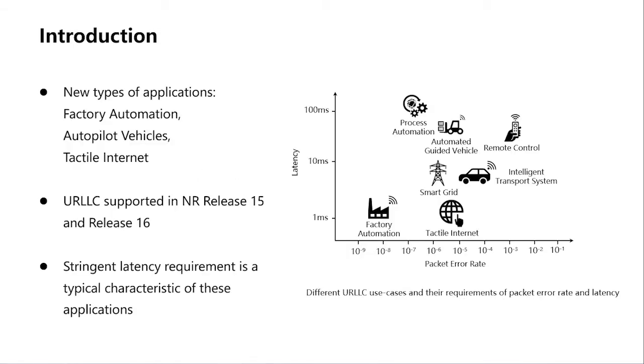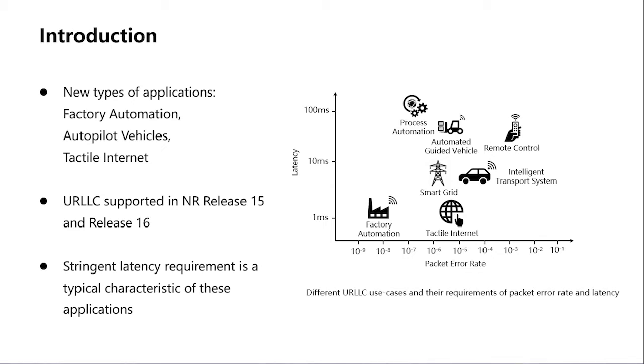With the development of other technologies and industries, latency is becoming a more and more important performance indicator other than data throughput. So URLLC is proposed to meet the requirement. It is officially supported in NR Release 15 and Release 16 by 3GPP specifications.